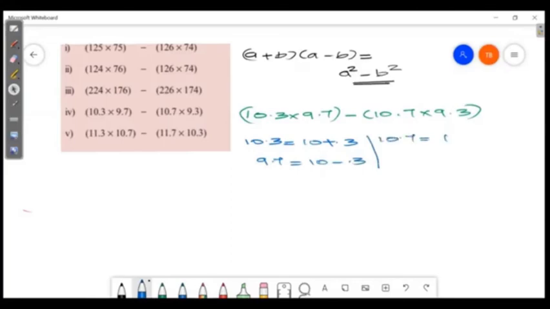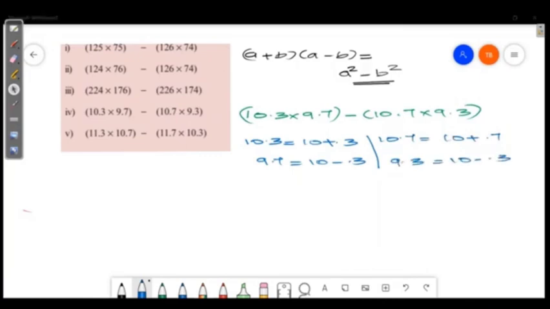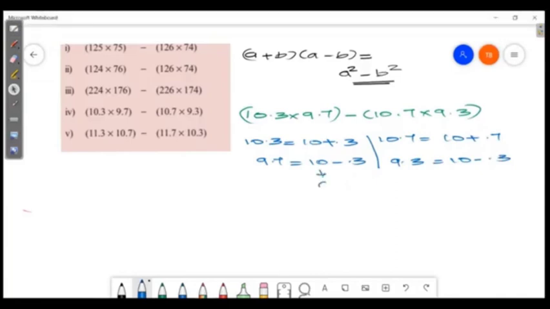Next is 10.7 into 9.3. We can write 10.7 as 10 plus 0.7 and 9.3 as 10 minus 0.7. So from the first product, a is 10 and b is 0.3. From the second product, a is 10 and b is 0.7.